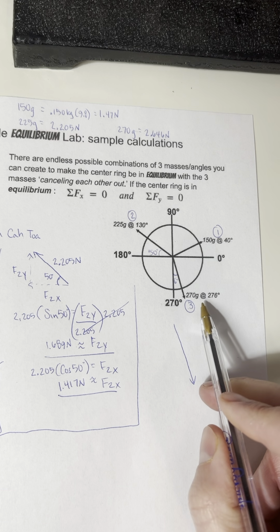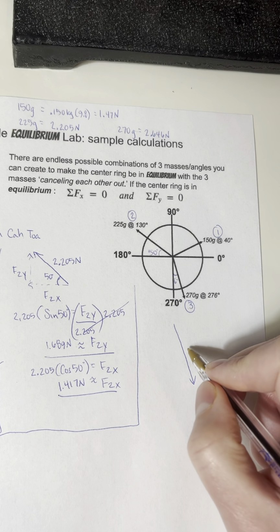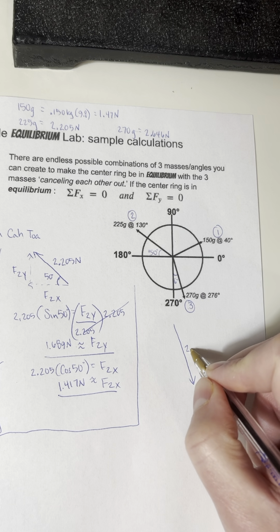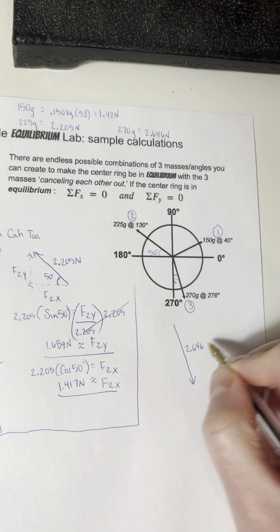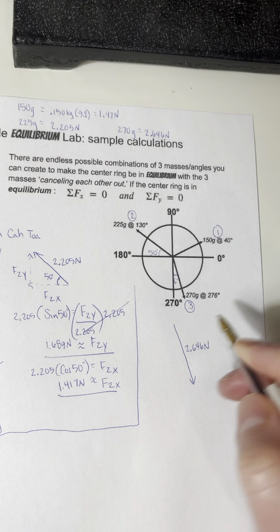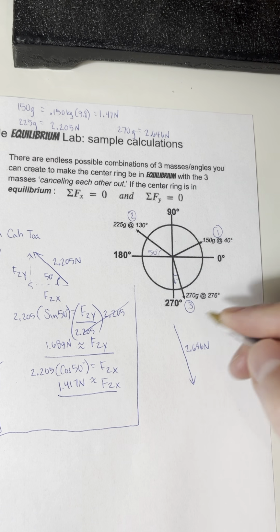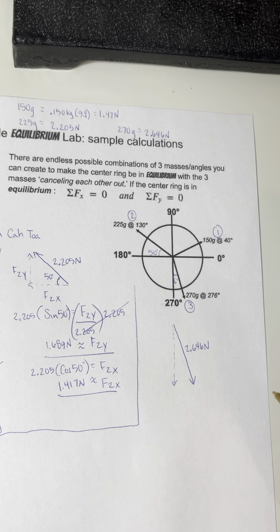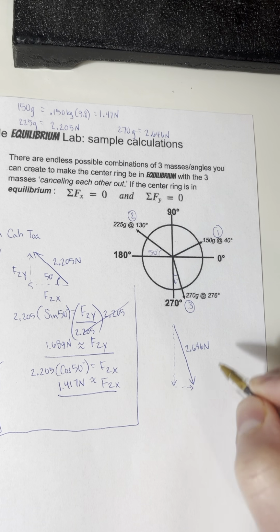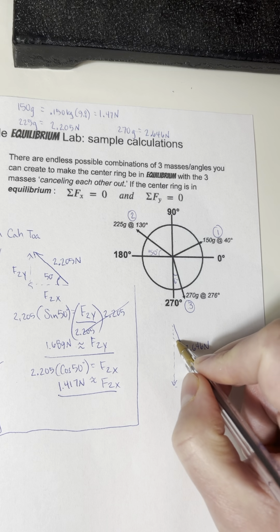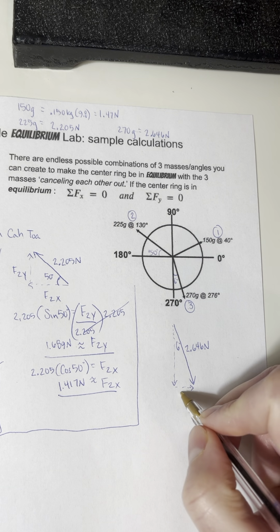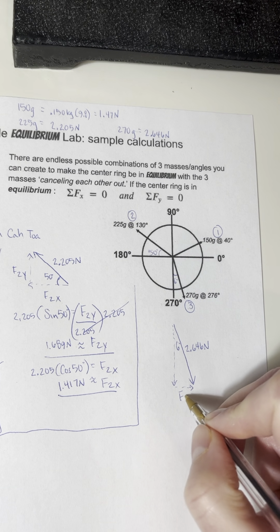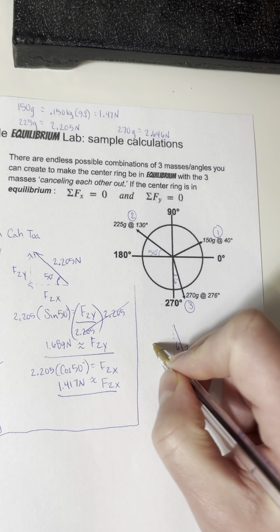So this 270-gram mass is equivalent to a weight, which again, weight is force, of 2.646 newtons. So this is primarily directed downward in the y direction, so the y component should be quite a bit bigger than the x component. So this is force 3 in the x direction, force 3 in the y direction.